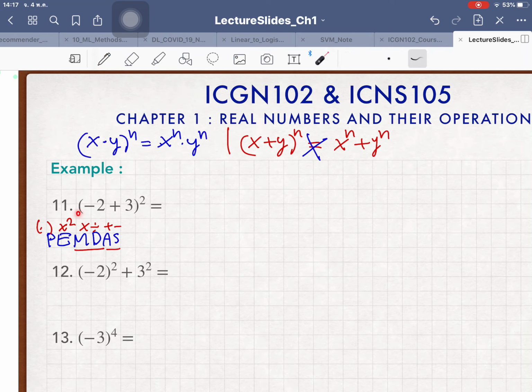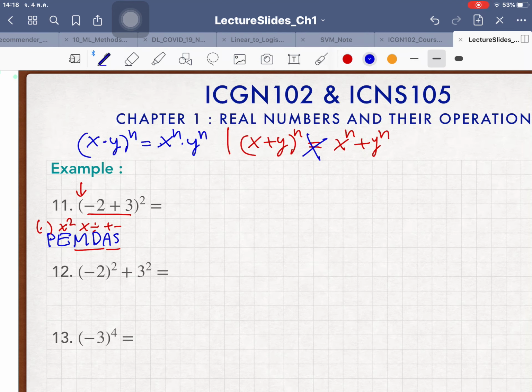Then if you read from left to right, you can see that you have the term of parentheses. So that will be the first thing that you need to do. You need to calculate the term inside these parentheses for the first step.